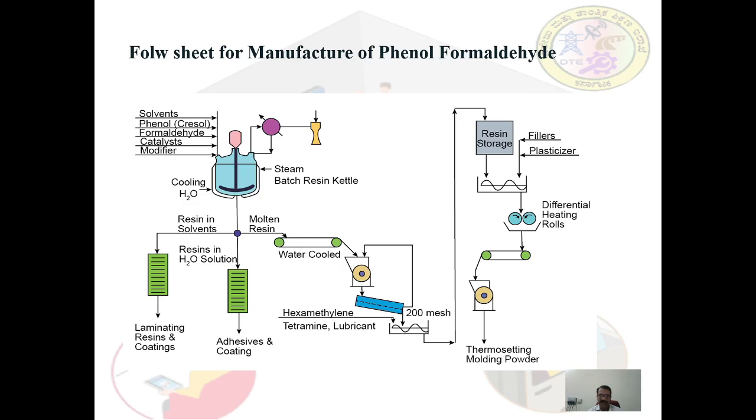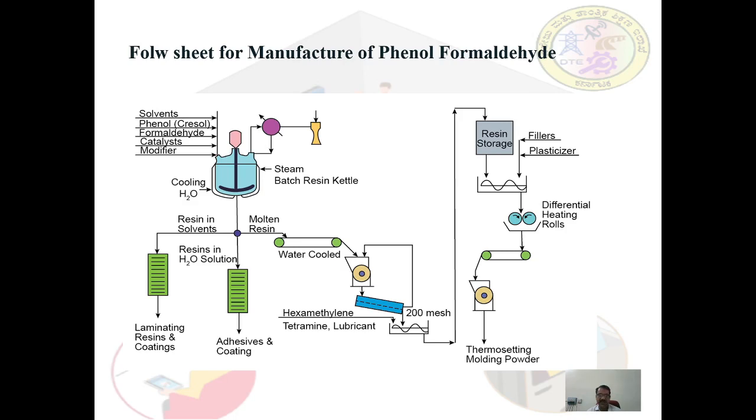The raw materials for the process, phenol, formaldehyde and the catalyst, are mixed in a jacketed autoclave, which is also termed a resin kettle. Inside the autoclave, the mixture is heated with steam. Water cooling and refluxing remove the excess heat of reaction.